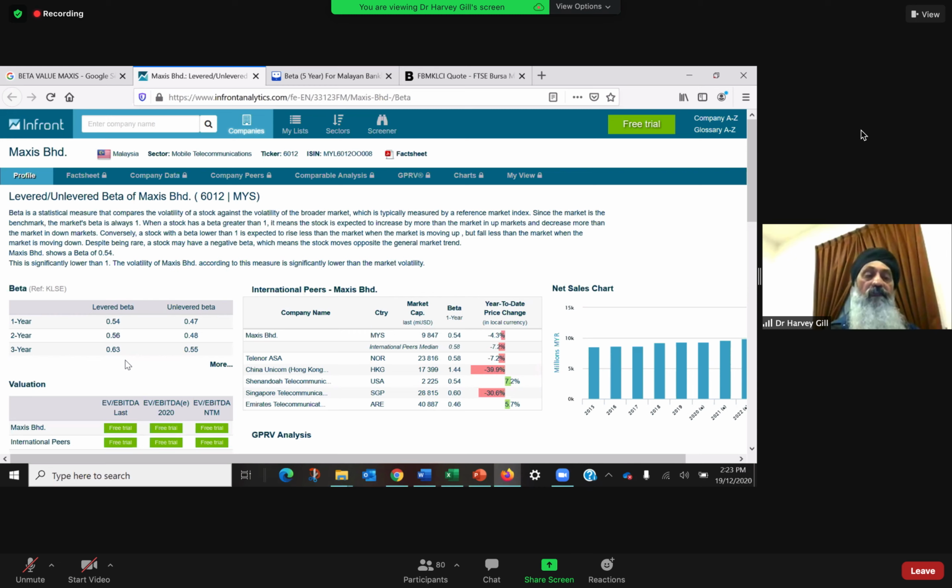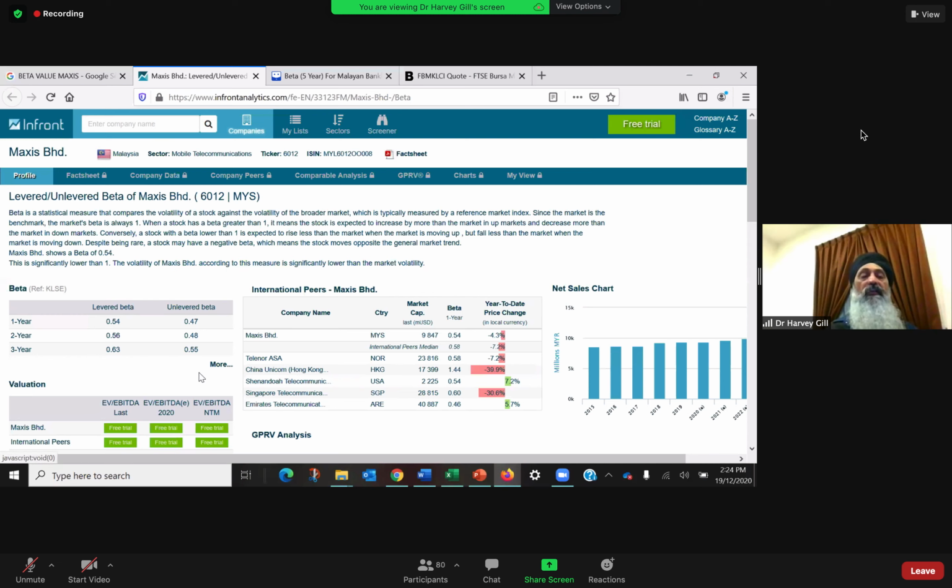You have a levered beta. Levered beta means adjusted for the gearing of Maxis, which will be nice, or they also have given you unlevered beta. But we normally stick to reality and take the levered beta for Maxis or for whatever company that you're looking at.